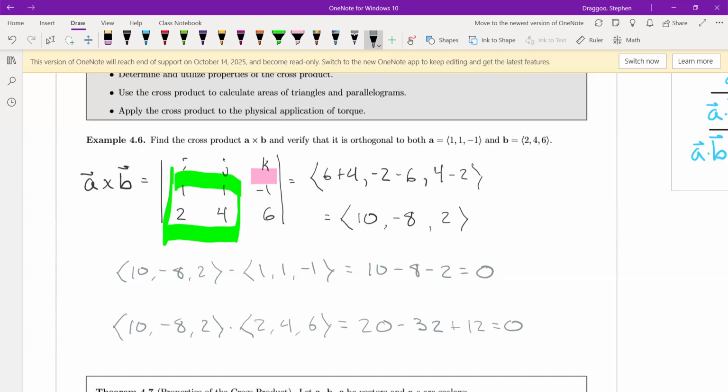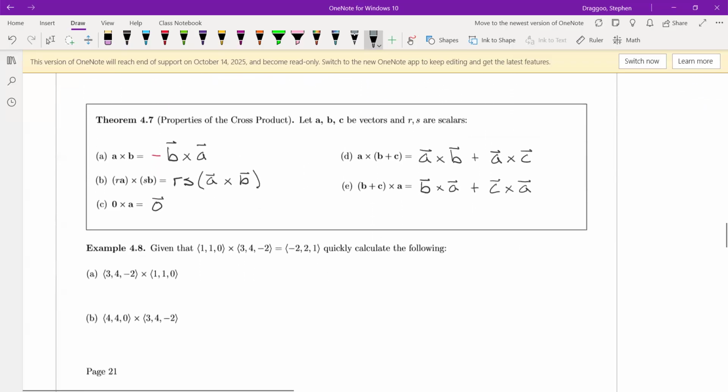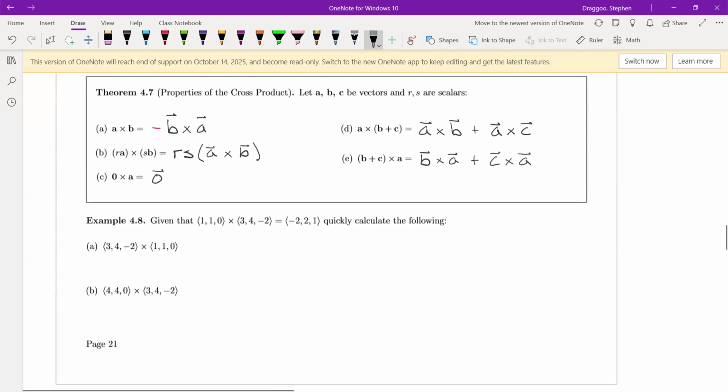So I think our result's correct in the end. Cool. So let's run with that. We'll try the cross product again in the next example and see if it goes possibly any more smoothly.